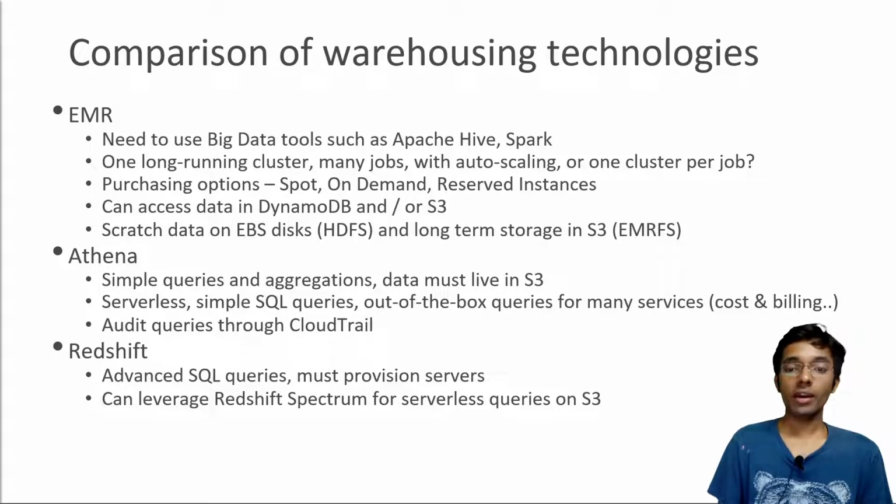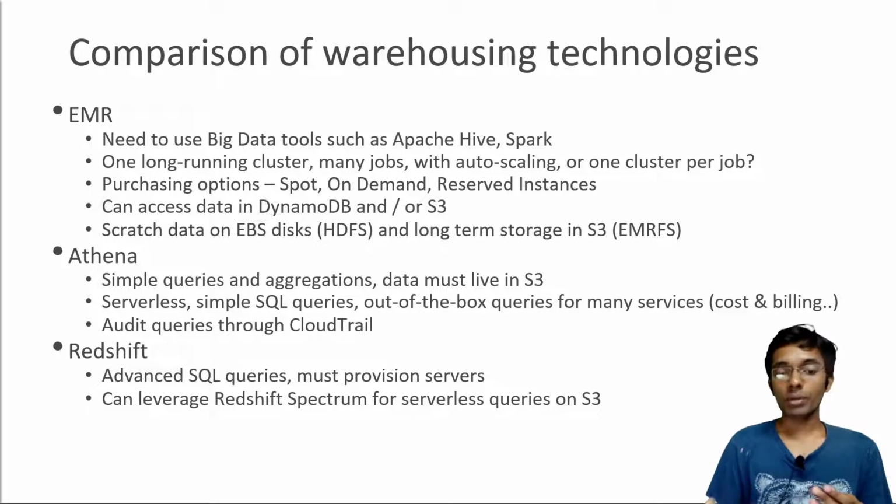And for the architecture discussion, we can use either one long-running cluster and submit many jobs to that cluster, and even enable Hadoop scaling for that cluster to scale based on how many jobs we have pending. Or we can choose a transient cluster type of architecture where we have one cluster per job, and we can size each job and each cluster independently.